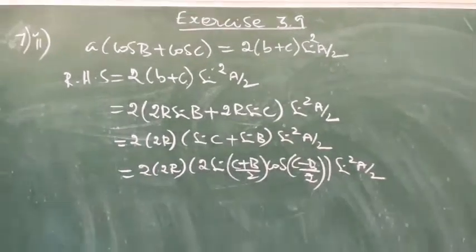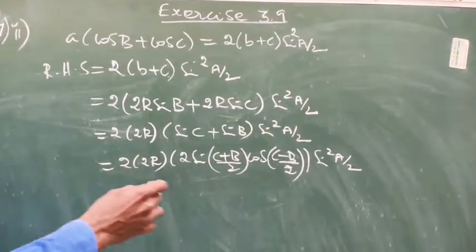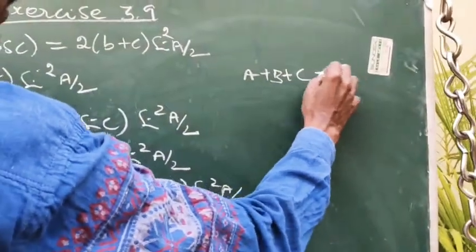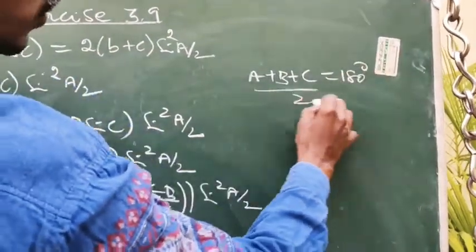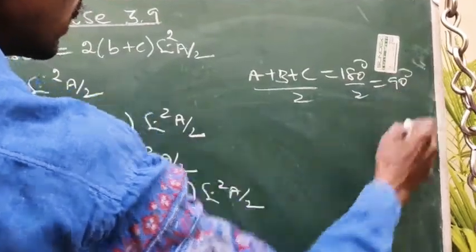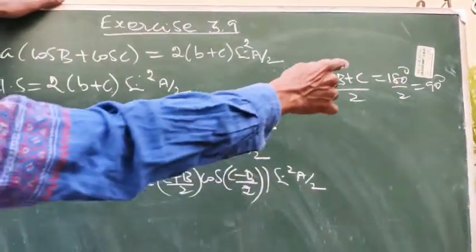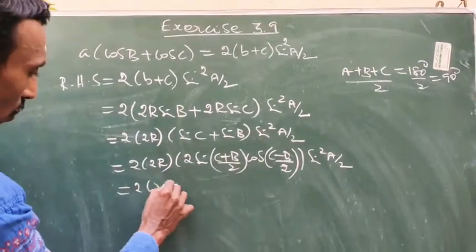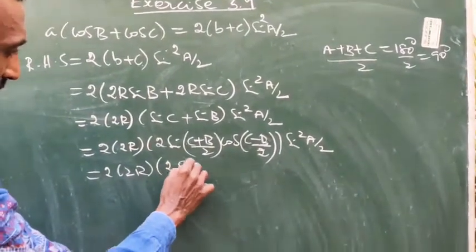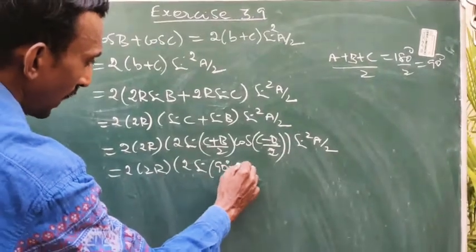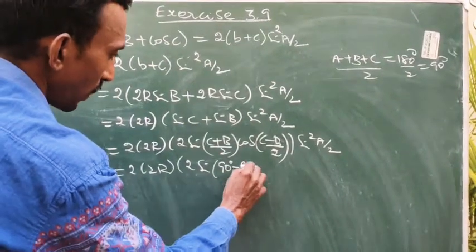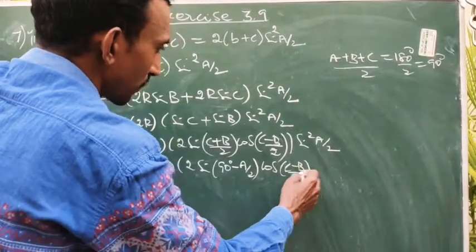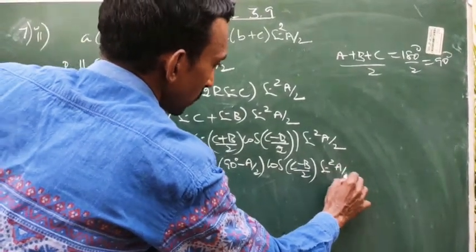So already told you, A plus B plus C equal to 180. Okay. So by 2 equal to 90 degree. Instead of B plus C by 2, we can put 90 minus A by 2. So 2 into 2R into 2 sin 90 minus A by 2 cos, the same steps what we wrote for the last subdivision.